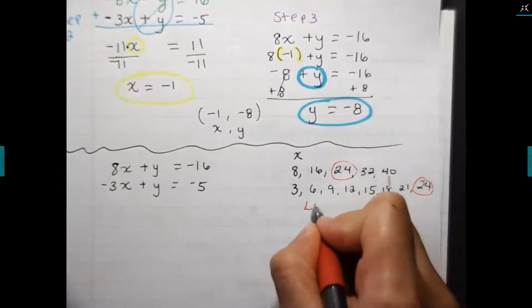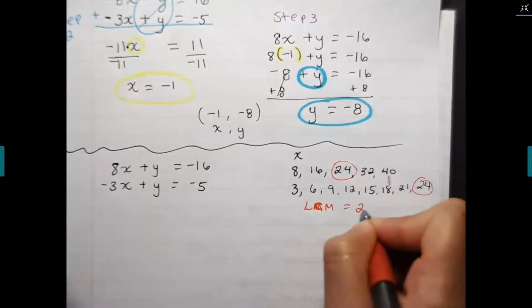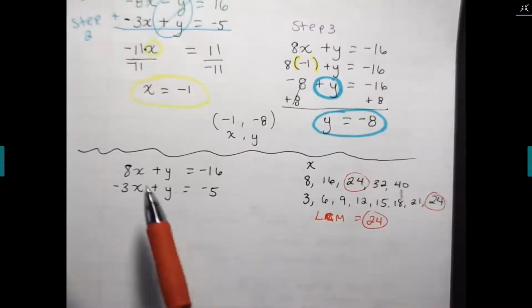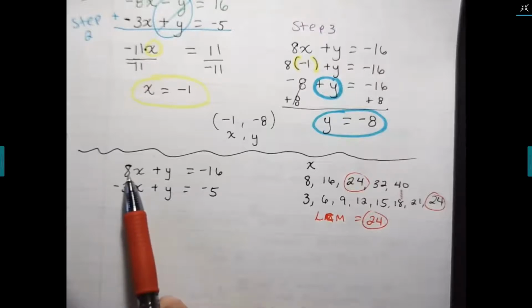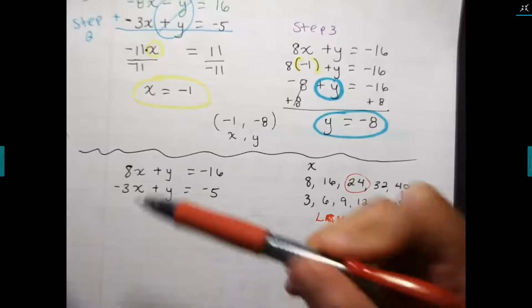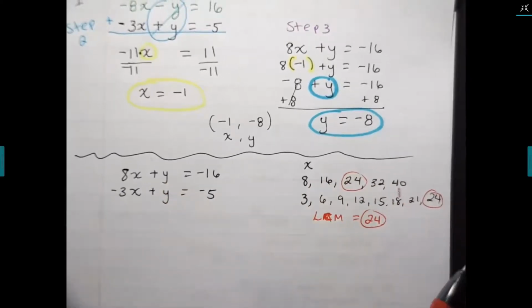My least common multiple is 24. So essentially, I want to turn this 8 into a 24, and I want to turn the 3 into a 24 also. Because I already have opposite signs, I don't even have to bother with the sign. I can just leave the signs as they are.